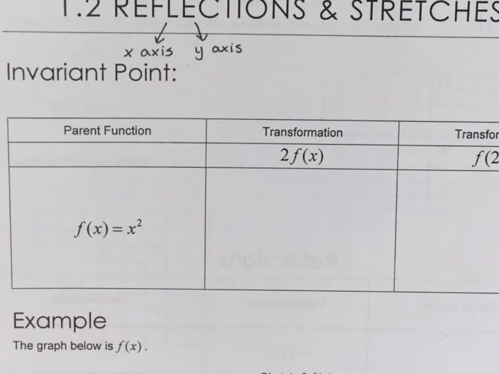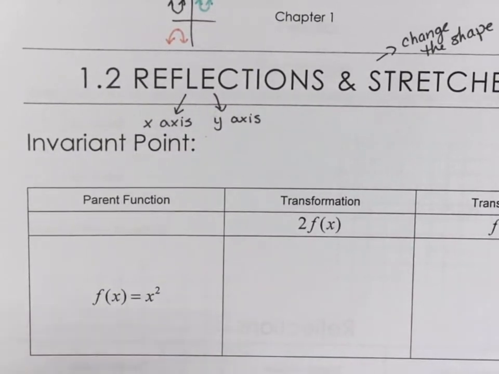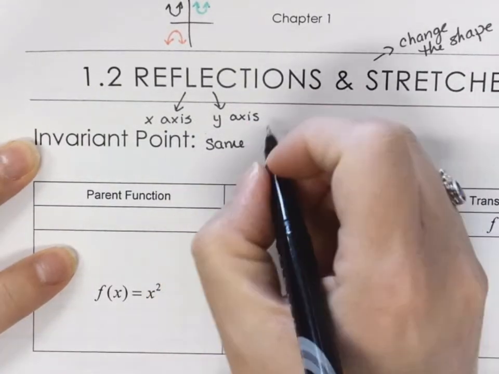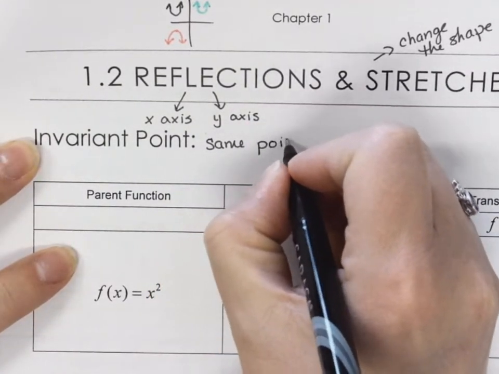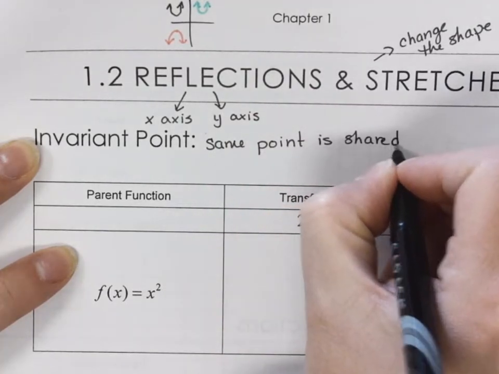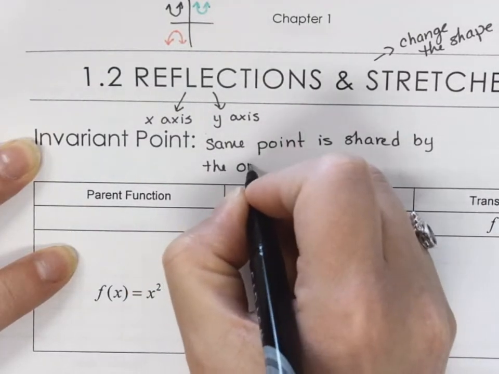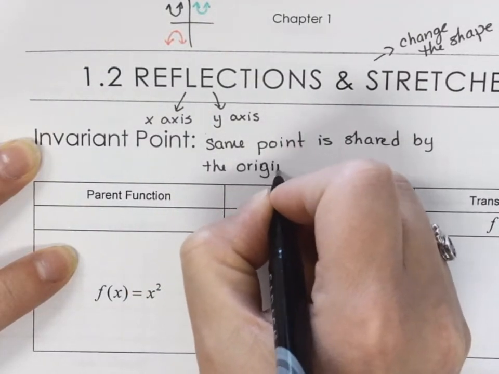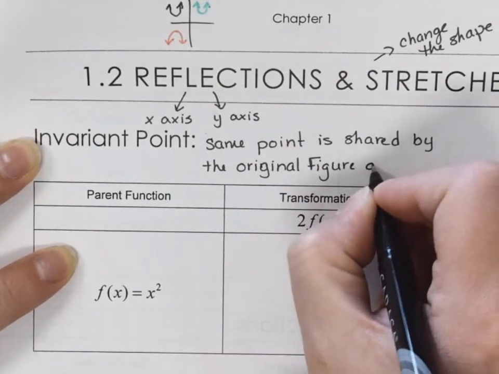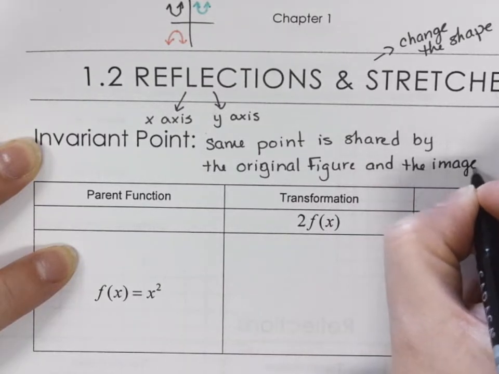Okay, you guys remember this? Invariant points. What are invariant points? You guys are like, please don't look at it. They're the same point. Same point is shared by the original figure or the parent figure and the image, so the one that's changed.